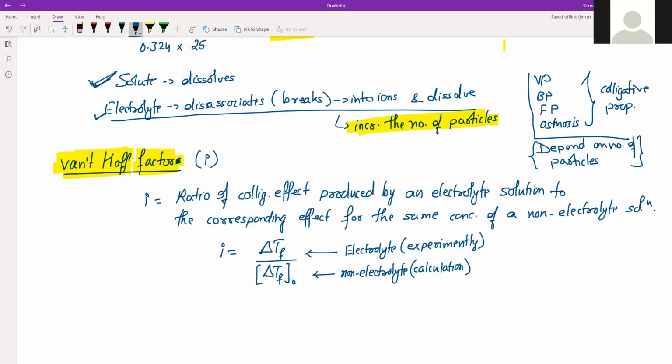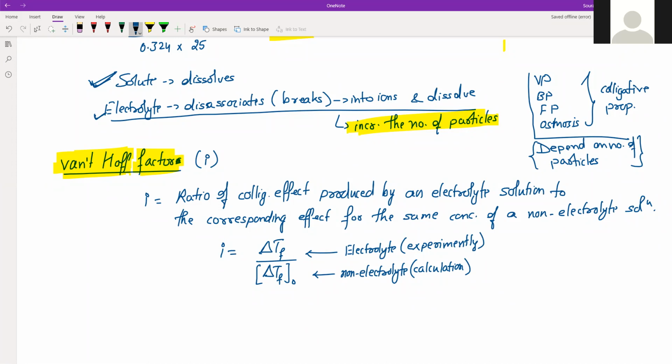And we can understand this. Suppose we are talking about a solution having an electrolyte solute. That solute, if it is an electrolyte, will dissociate in the solution.